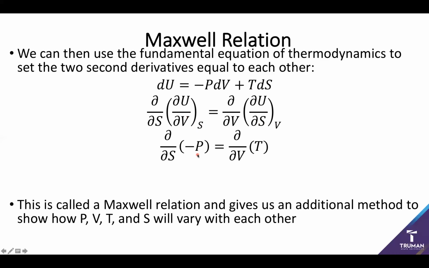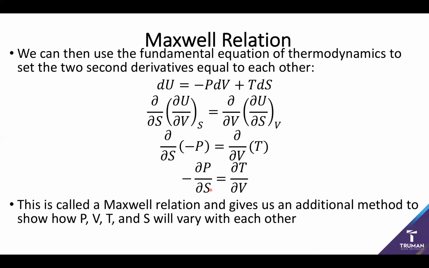Well, we can then, because these two functions are only a single variable, condense our expression as the negative derivative of pressure with respect to entropy is the same as the positive derivative of temperature with respect to volume. And this is essentially what's called a Maxwell relationship. It gives us a way to relate the variation of pressure, entropy, temperature, and volume.